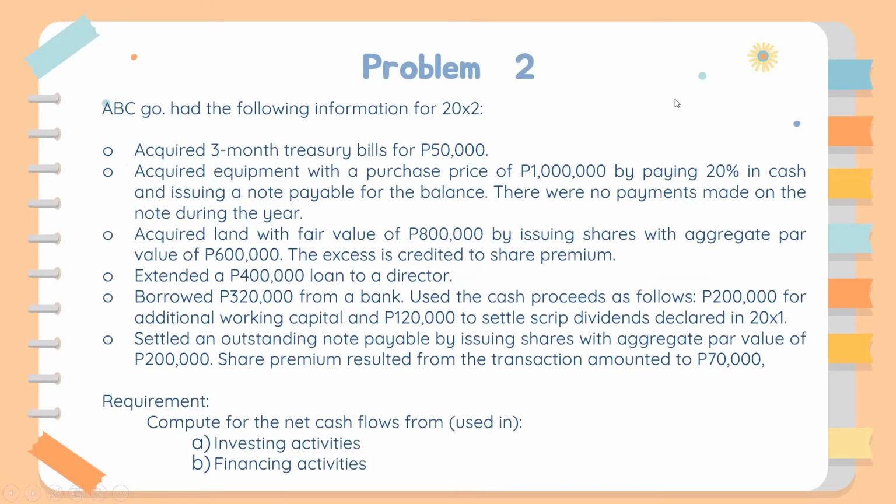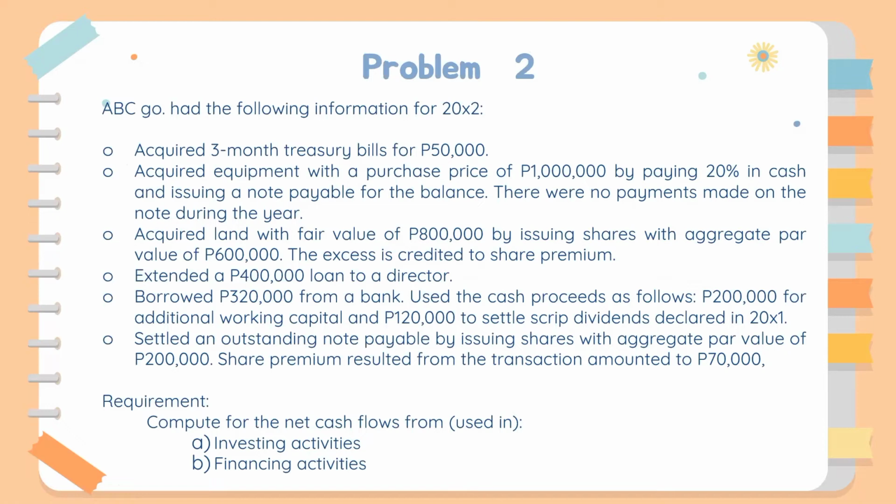Okay, so for the problem number 2, ABC company had the following information for 20x2. Okay, acquired 3-month treasury bills for 50,000. Acquired equipment with a purchase price of 1 million by paying 20% in cash and issuing a note payable for the balance.